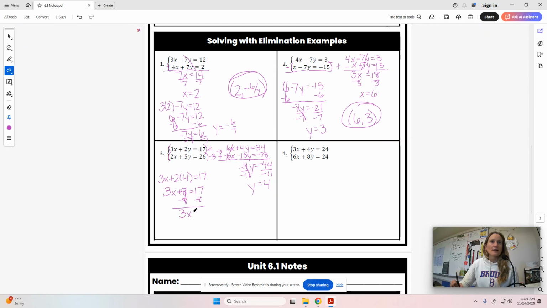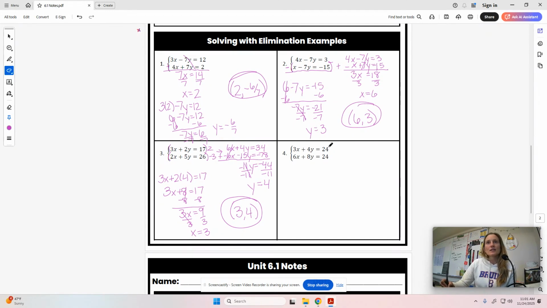So 3x is equal to 9. Divide both sides by 3, and we get that x is equal to 3. So our final answer is the coordinates (3, 4). This is about as complicated as it's going to get, just to let you know.